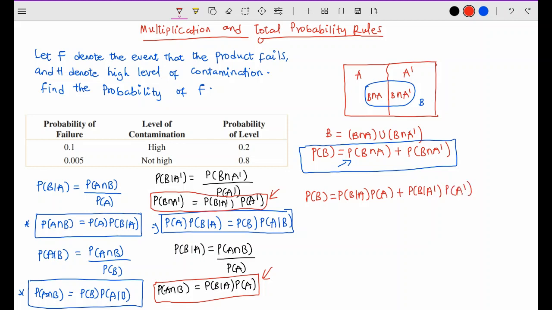So this is another way of rewriting the total probability rule. This is the total probability rule written in a different form. Okay, so that's what the total probability rule is.